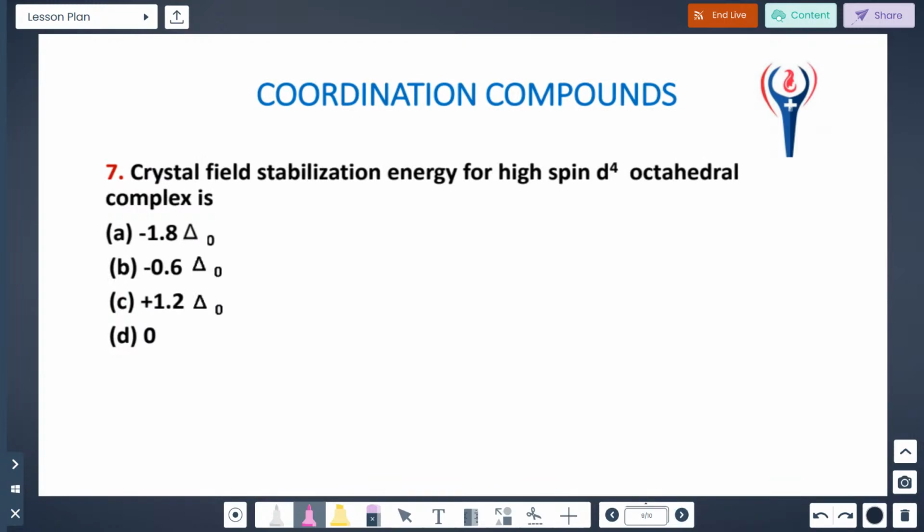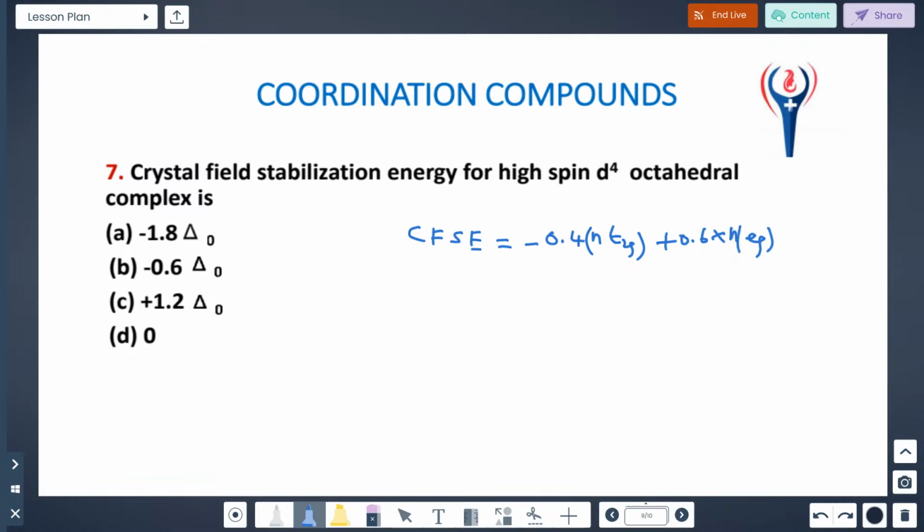Crystal field stabilization energy for a high spin d4 octahedral complex. Okay, so for high spin CFSE we have one formula. What's the formula for that? CFSE, crystal field stabilization energy, is equal to minus 0.4 into number of electrons in t2g plus 0.6 into number of electrons in eg.